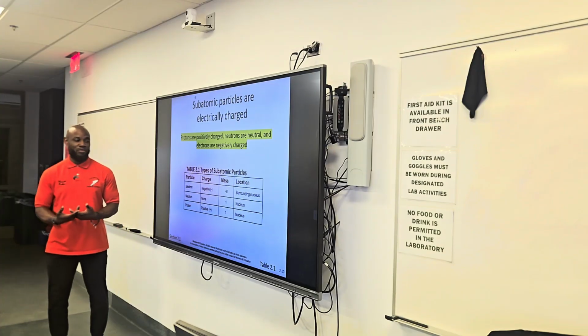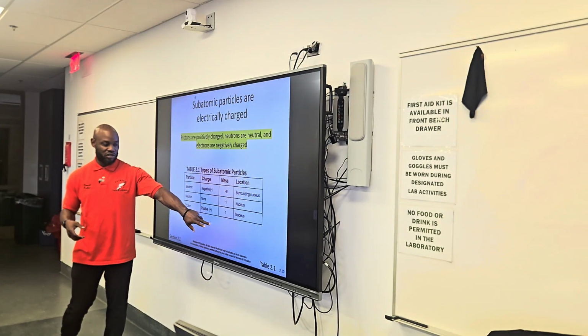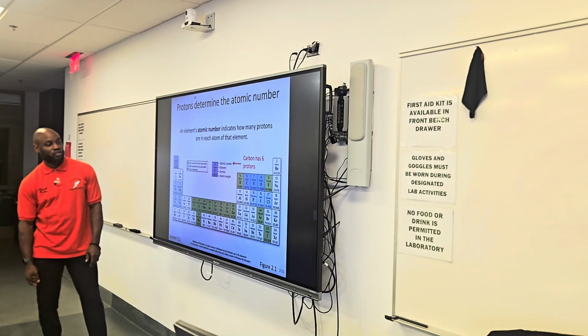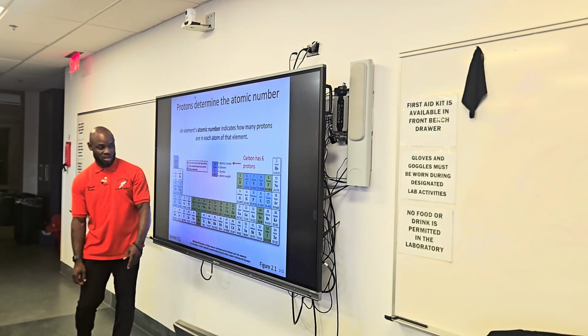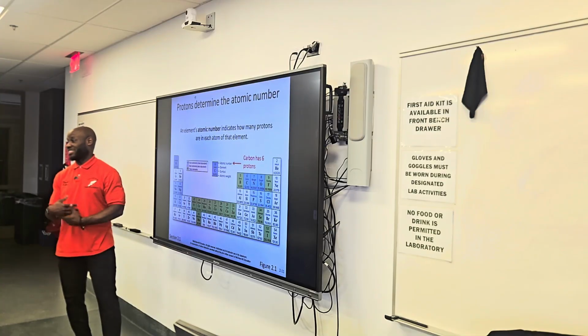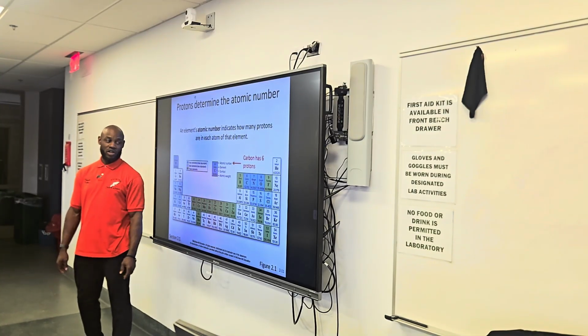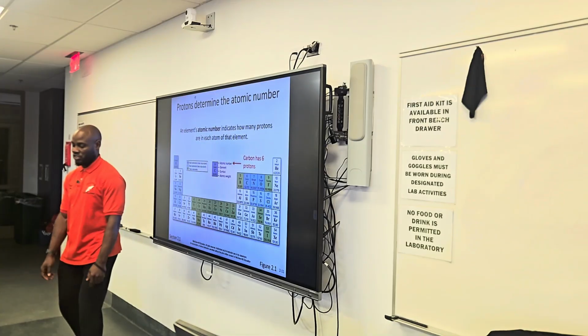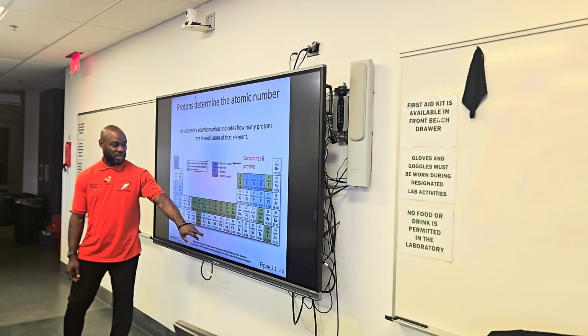Sometimes you'll have a difference in the amount of electrons and protons, and so you'll have a charged atom, which we call an ion. You may have heard that before, which we will cover later in the chapter. Carbon's atomic number is 6, which you see on the periodic table.